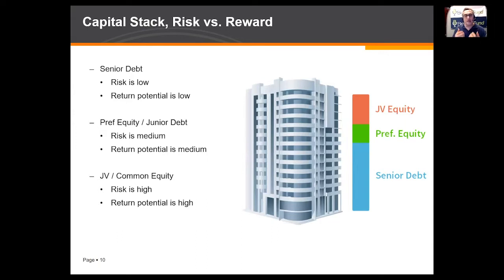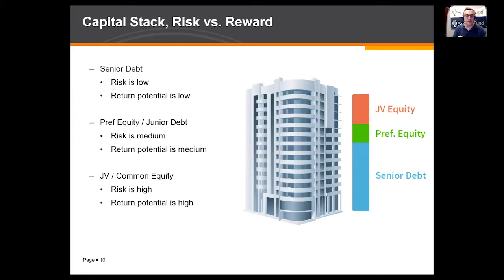So projects have typically senior debt, if that exists. Some projects have no debt. It's all equity. But you need to understand, if they do have debt and there's a senior debt, it is the most safe component of the investment that typically carries low risk, and typically they are senior on a capital stack.